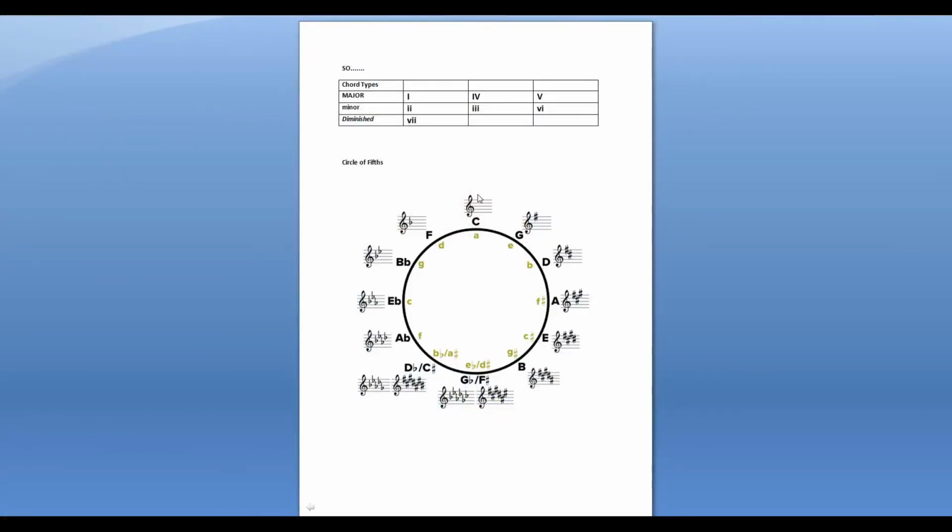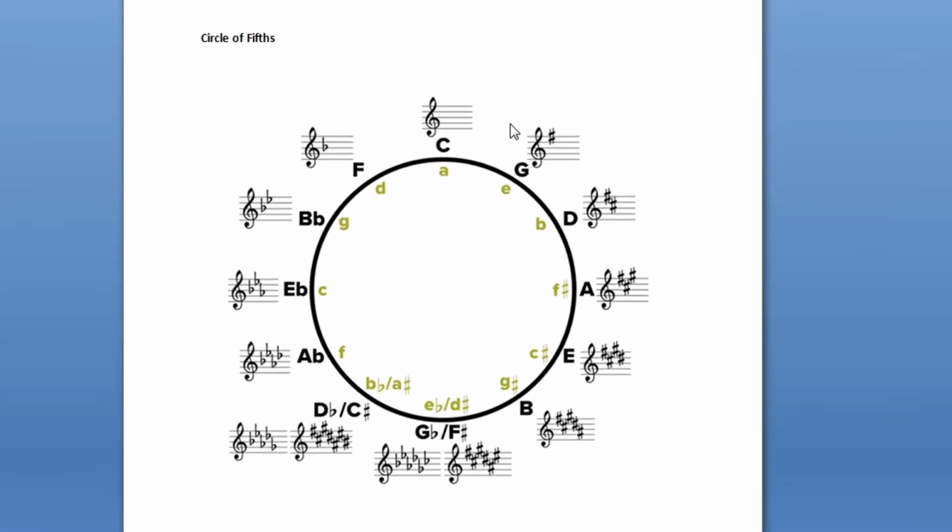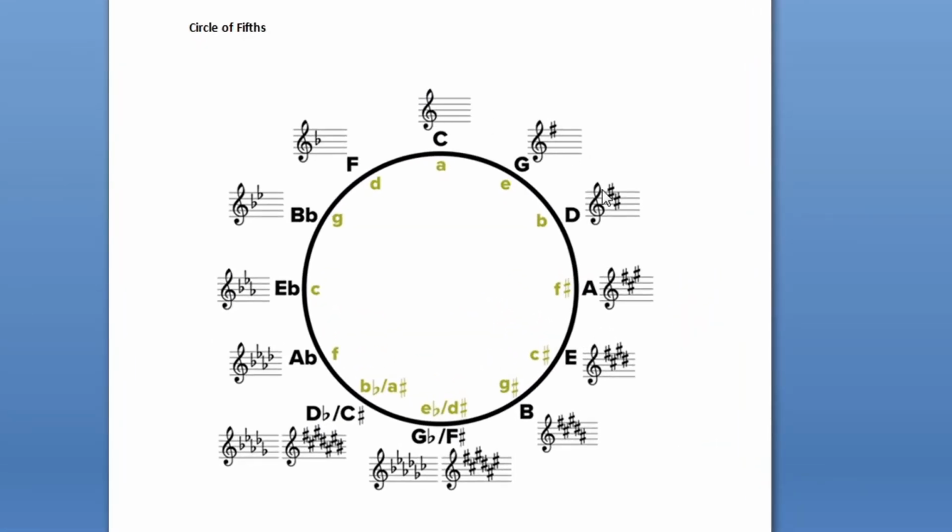Let's go back over to our sheet here, and here it is again, our circle of fifths with the sharp keys going this way and the flat keys going this way, and inside the circle, the relative minor keys. And we're not going to worry about the relative minors for this series. We will look at relative minors in a lot more detail in the intermediate series, and how you go from major keys to minor keys.